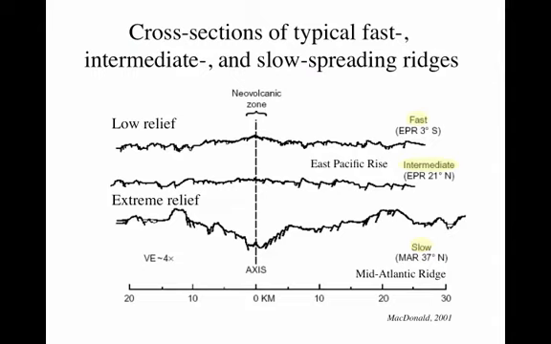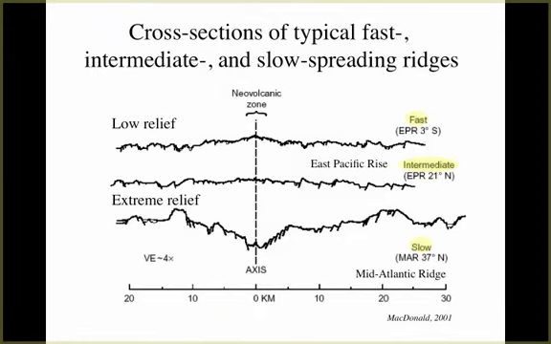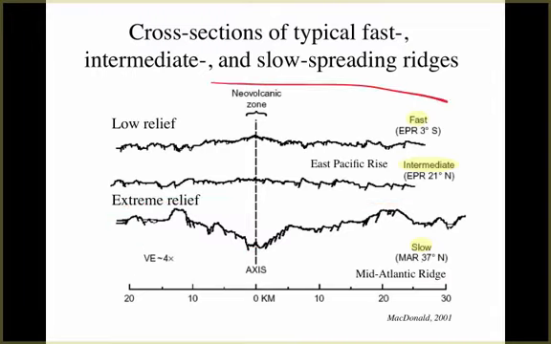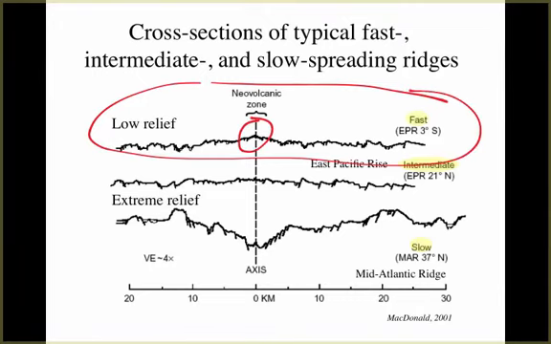If we look at those cross sections of the typical fast, intermediate, and slow spreading ridges, we see the extreme relief on the slow Mid-Atlantic Ridge with the axial valley and the rough topography compared to the East Pacific Rise with low relief and an axial rise.